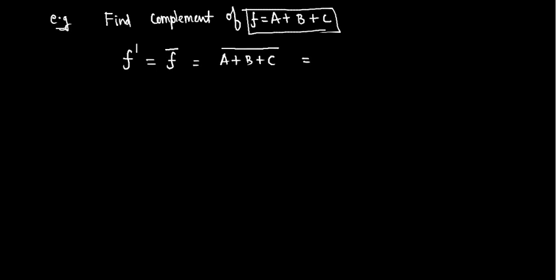What would it be? What does De Morgan's theorem say? Now, please note that De Morgan's theorem is valid for any number of variables. Homework for you to prove that. What I am saying is De Morgan's theorem is valid for any number of variables.